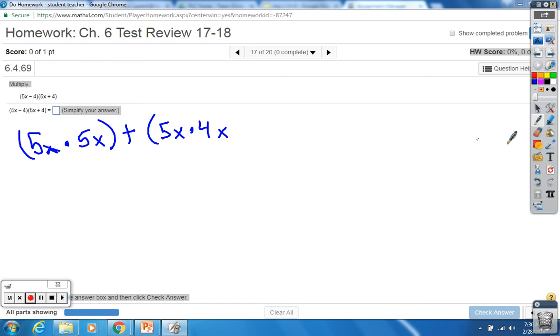Or excuse me, there's not an x there, so it's 5x times 4. Then we'll do negative 4 times 5x. And then we'll have to do negative 4 times positive 4.